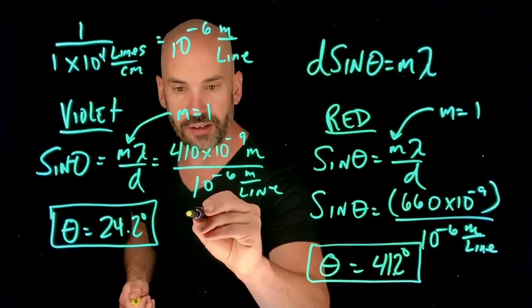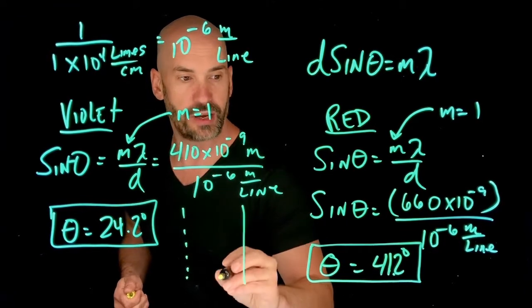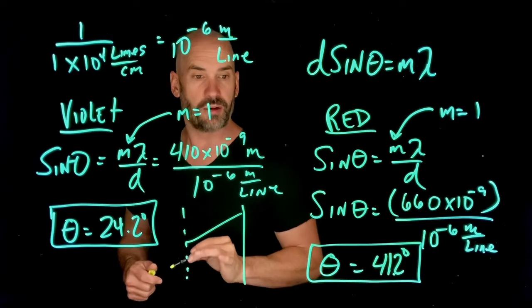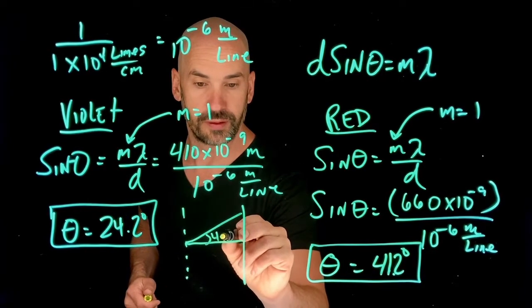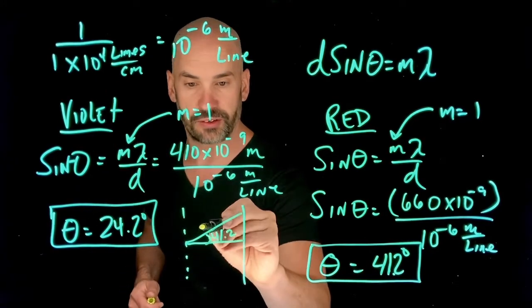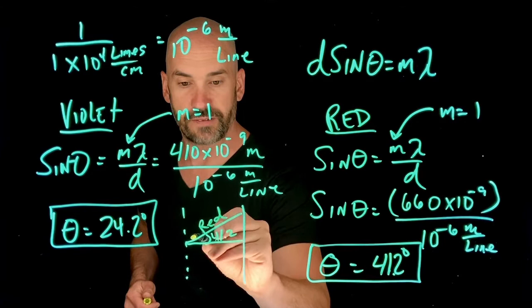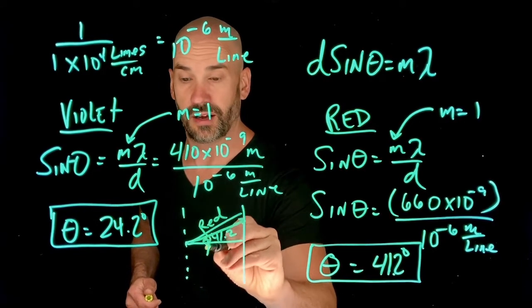So if here is the diffraction grating, and here's the wall, the red light will bend at an angle of 41, and this violet light over here will only bend at an angle of 24.2.